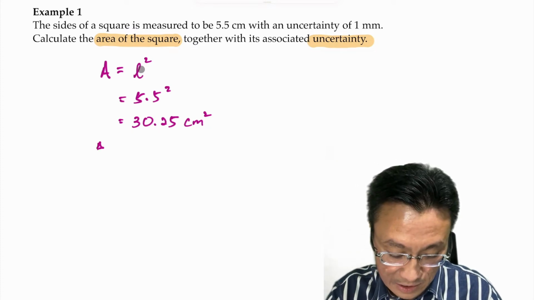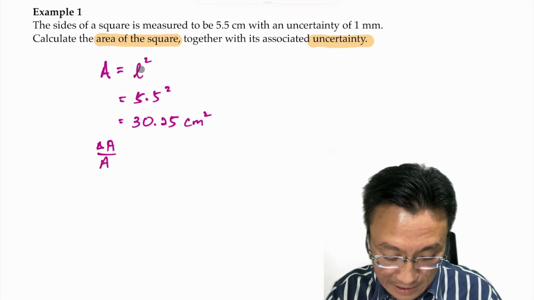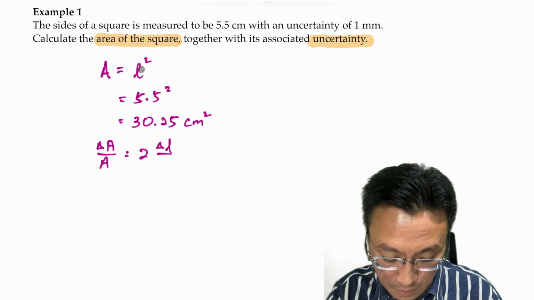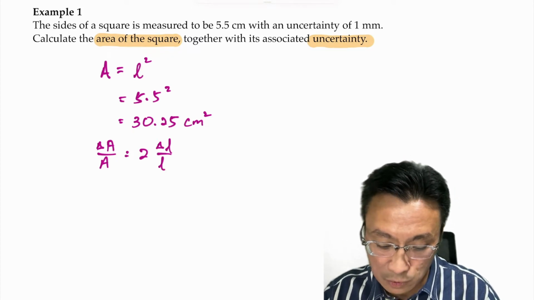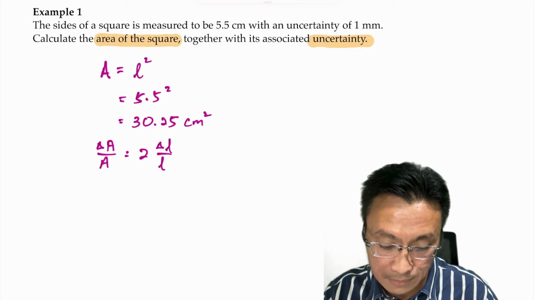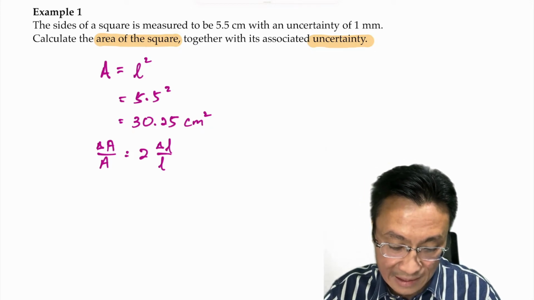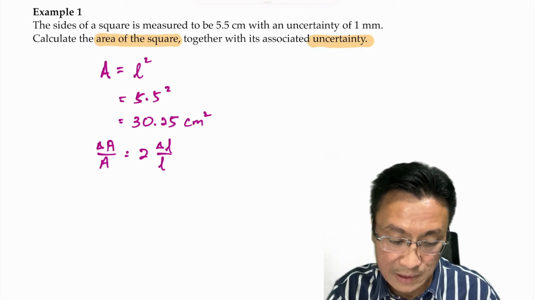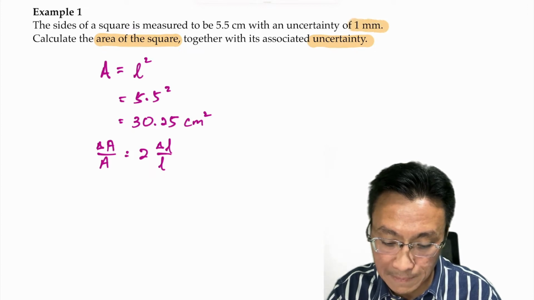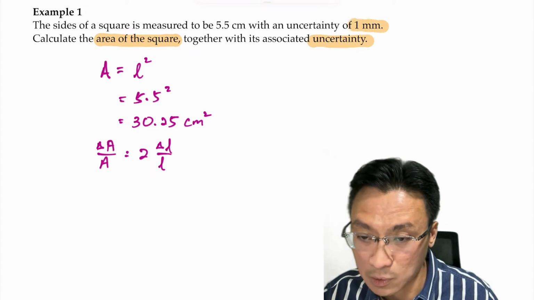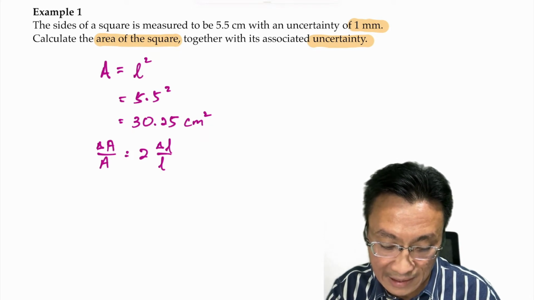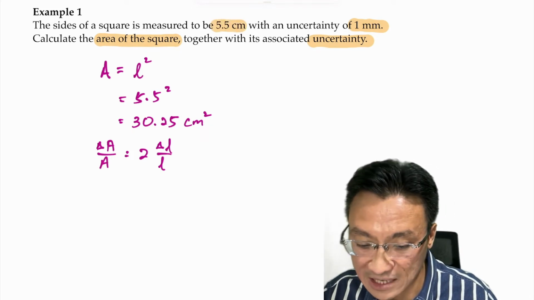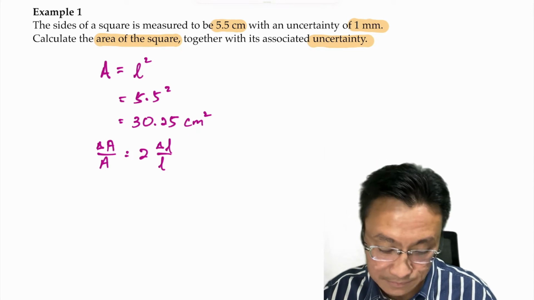In this case, it will be delta A over A is equal to twice delta L over L. So I have to go and find what is delta L over L. And I can get that quite easily because I'm given 1 mm. That's the absolute uncertainty of the length. And this 5.5 cm is the length.